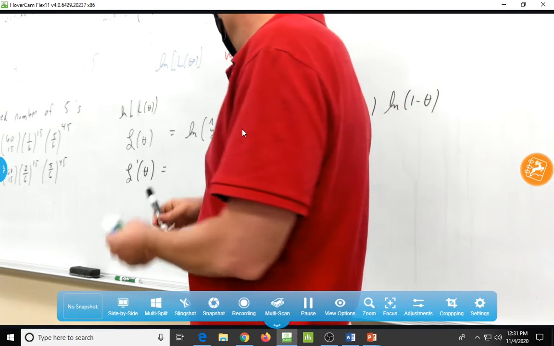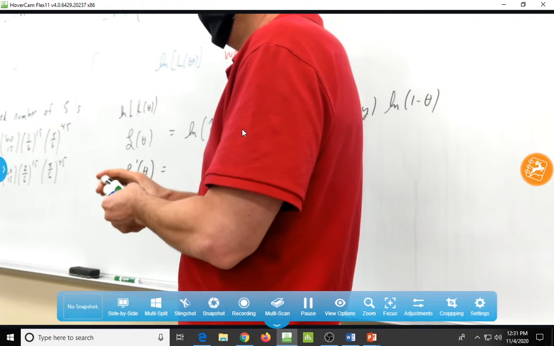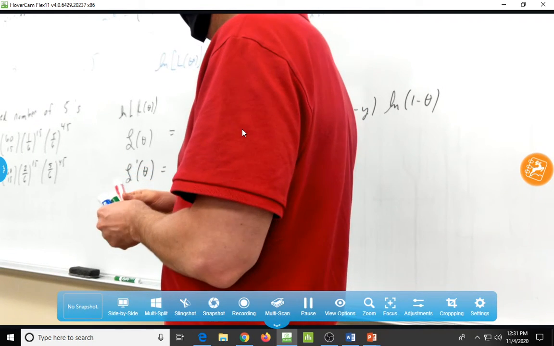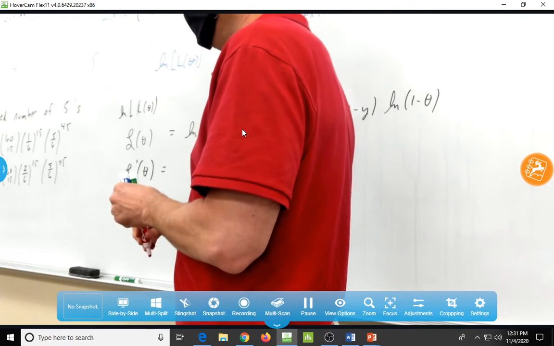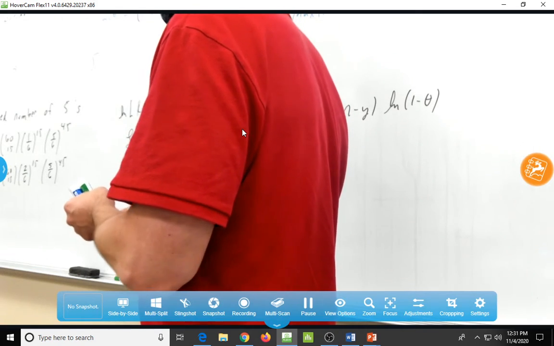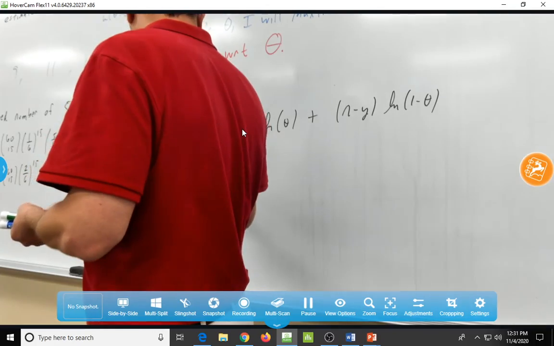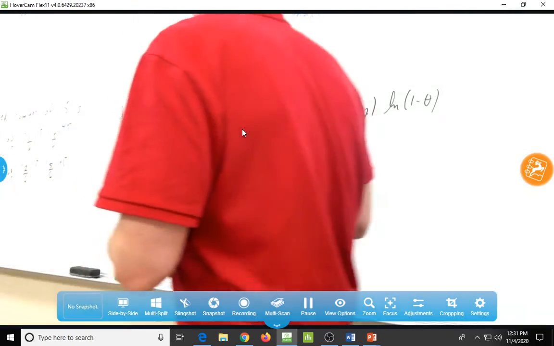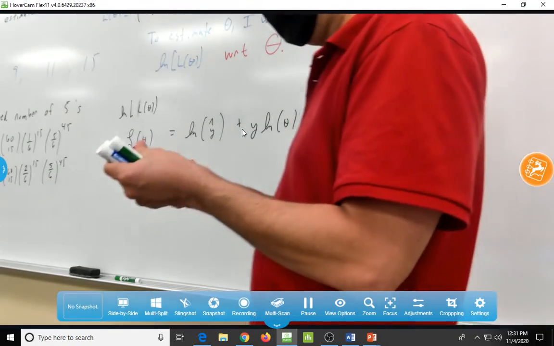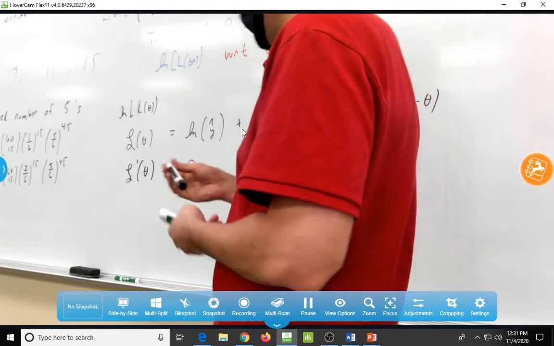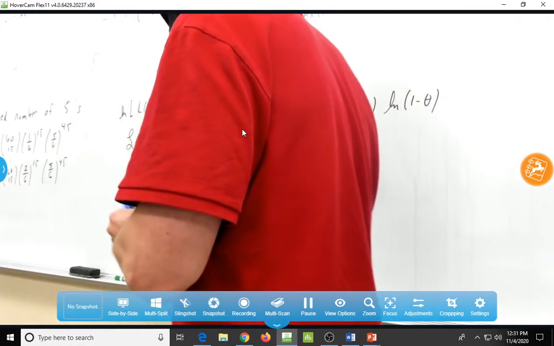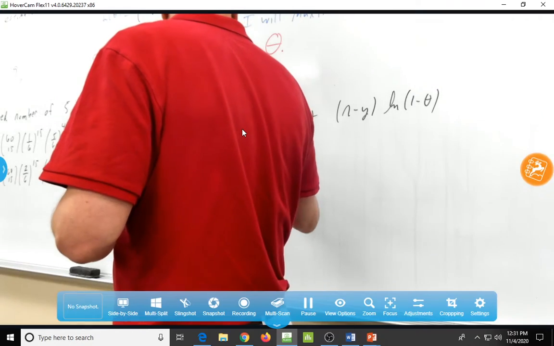Natural log of n choose y. Well, how many thetas are in here? Oh, sorry. 0. So the derivative is 0. Very good. What about y natural log of theta? Abby and Hallie, what's the derivative of that? y over theta. Very good.